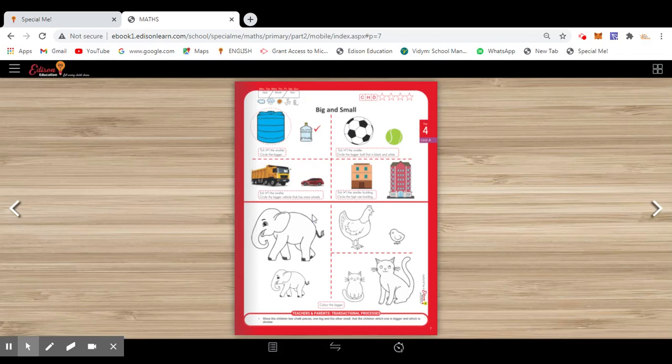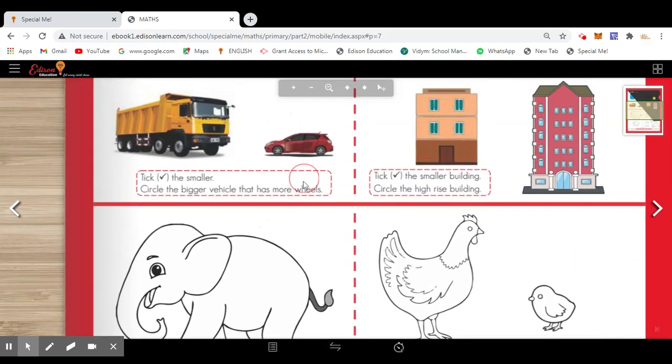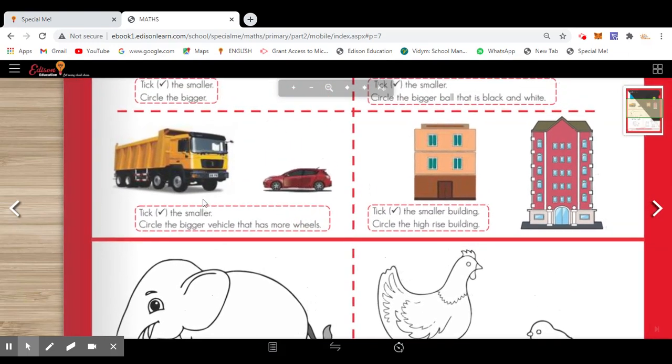Our next concept is big and small. So now students, you have already studied about what is big and what is small. So now I will ask you and you have to reply what is big and what is small. Okay. Now look at this picture and tell me which vehicle is bigger.